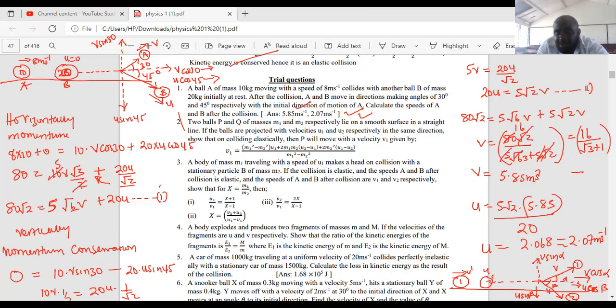Then those ones which are in the horizontal direction, they have momentum conservation with the initial motion, because initially they were moving horizontally. But these ones which are vertical, one is positive, one is negative. Initially, they do not have an initial what? An initial momentum. So that is the only trick behind these numbers.